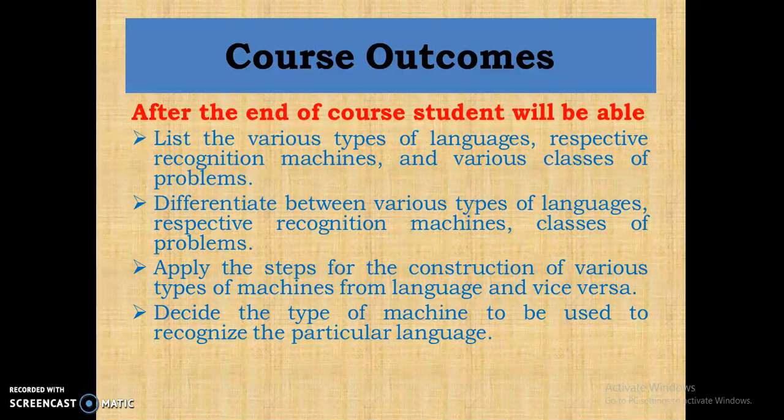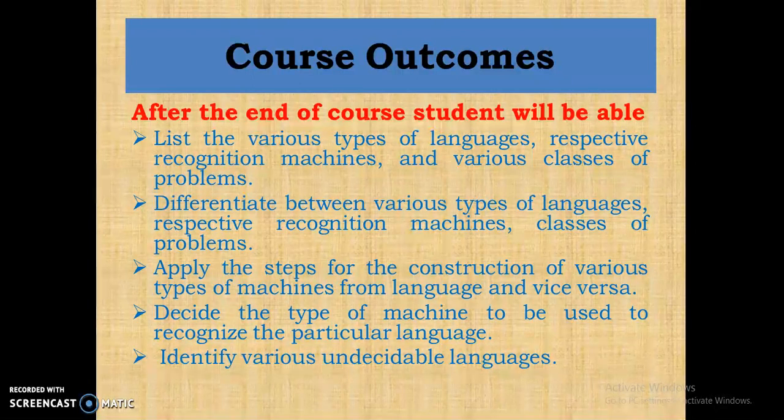So if one particular language is given, then you should know which kind of machine will be suitable for this kind of language, right? So you will learn about that, you will decide which machine is to be used for that particular language, right? And at the end, the last one, identifying the various undecidable languages and algorithms that are available. So you will get to know about this information, okay, after studying these things.